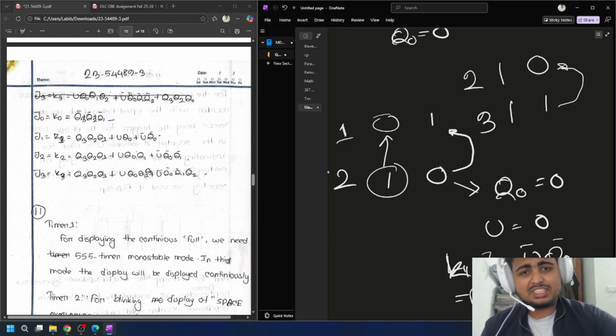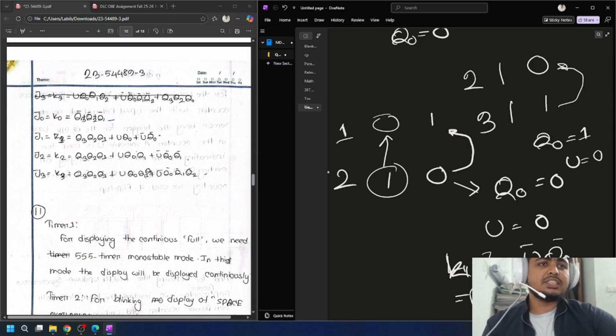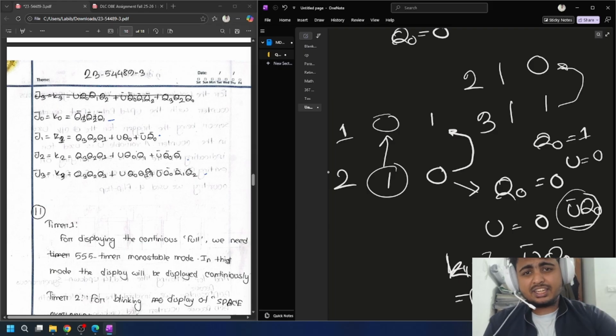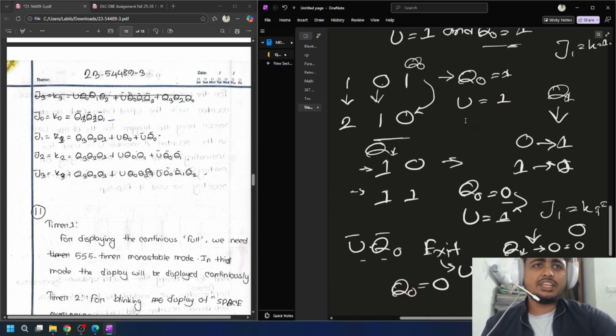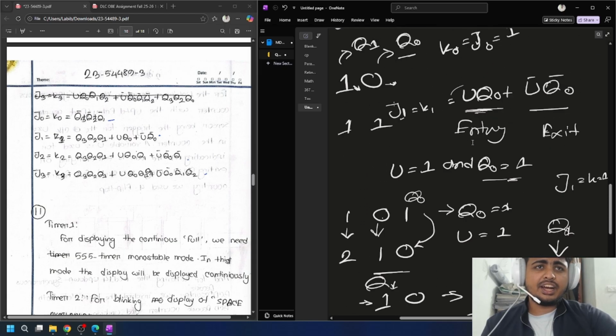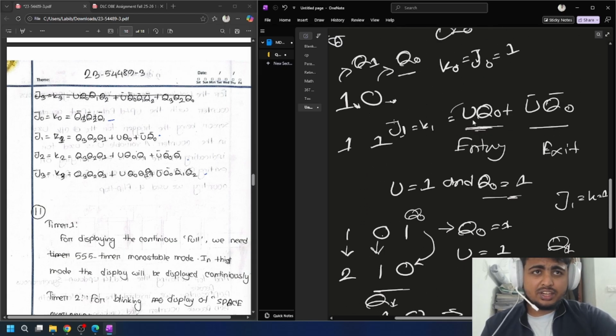And how does this work? Same example. That means Q0 equals 1 and U equals 0, which means U not Q0. This is the condition. It doesn't get applied for any of the conditions we already assigned for J1 K1 here.